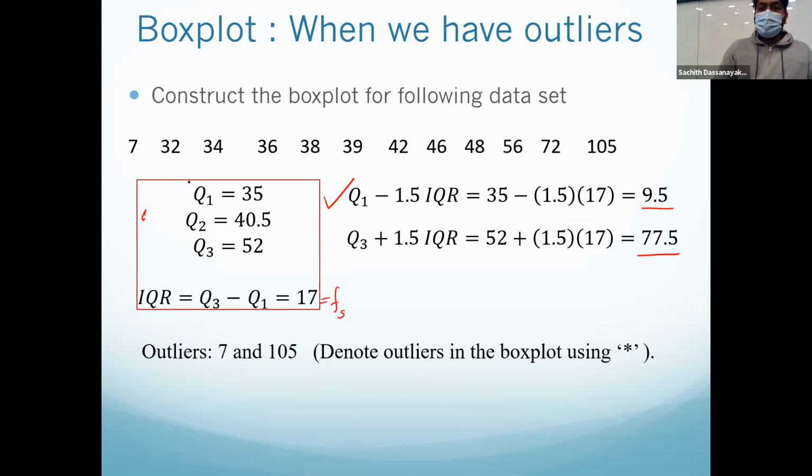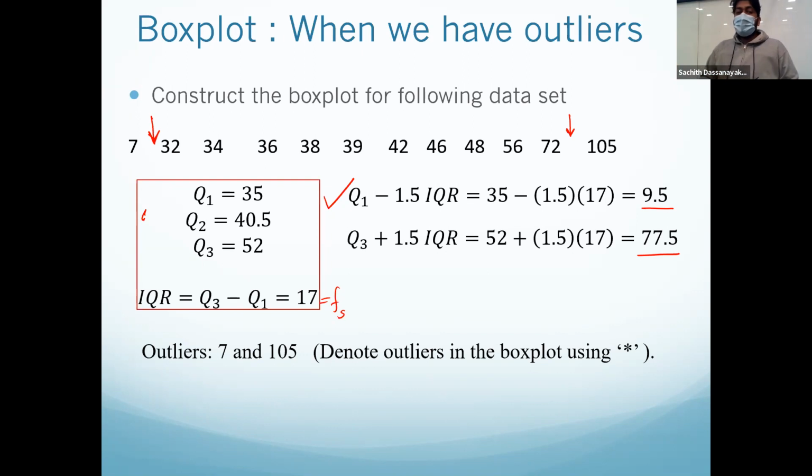Now you can see from the left hand side, 9.5 is somewhere here and 77.5 is somewhere here, right? So we have outliers, right? From the left hand side, we have 7, which is outside the boundary, and from the right hand side, we have 105, which is also outside the boundary.